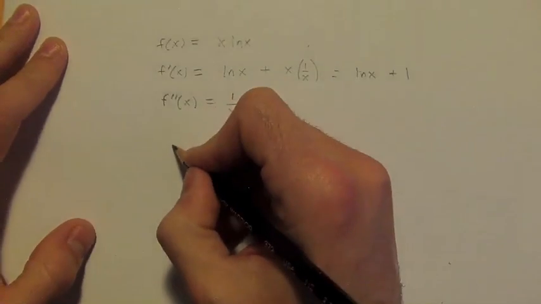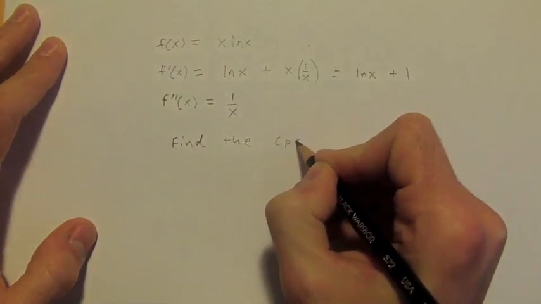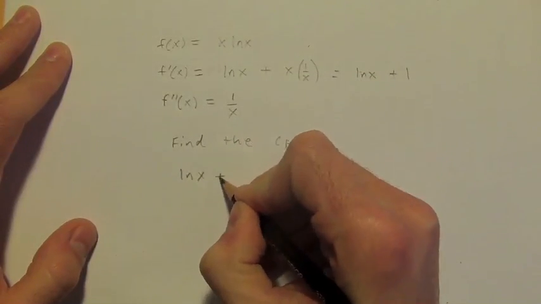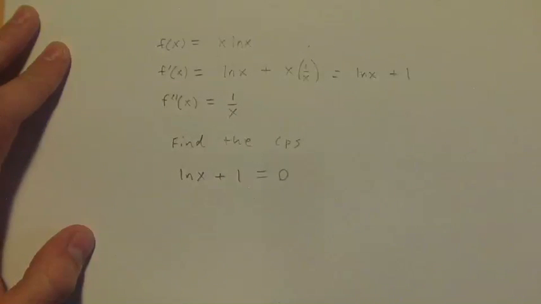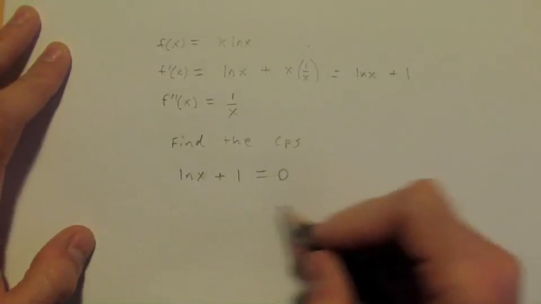So now we're going to find the critical points by taking the first derivative, ln x plus 1, and setting it equal to 0 and solving. Okay, so let's go ahead and do that.